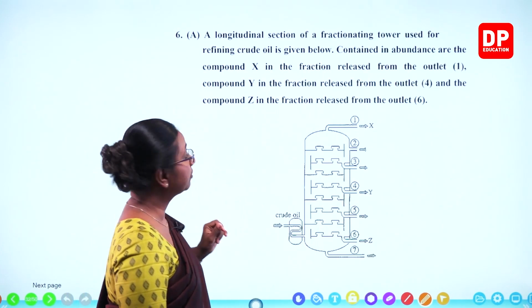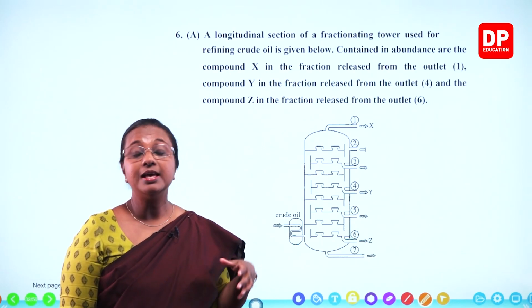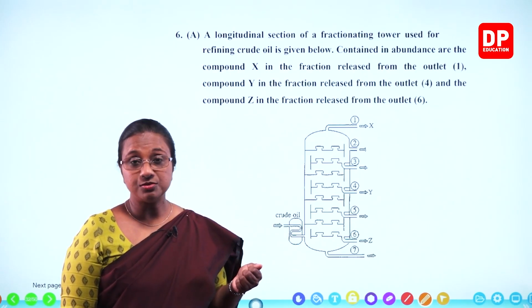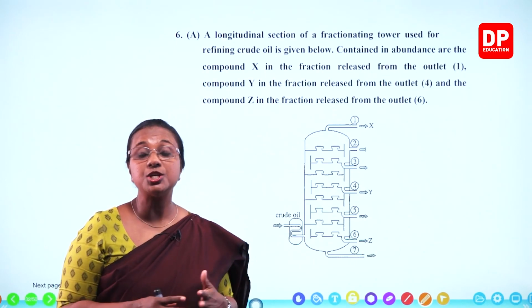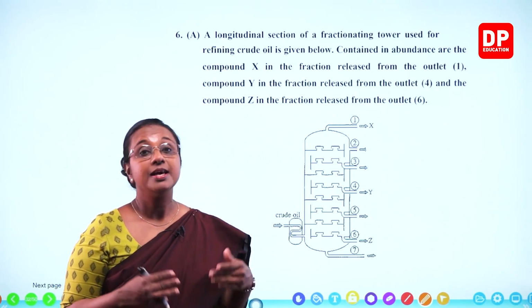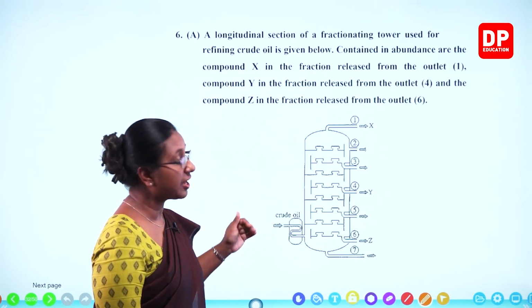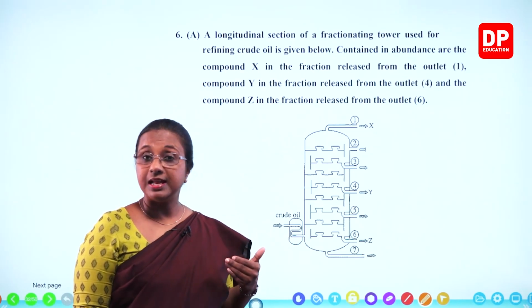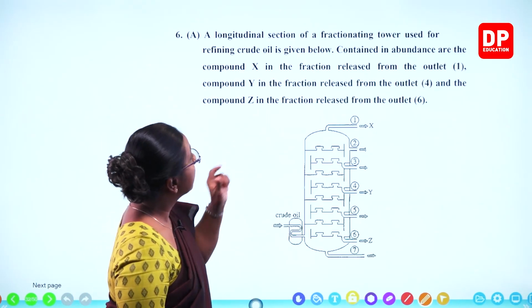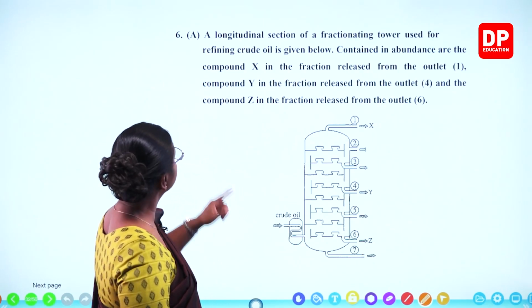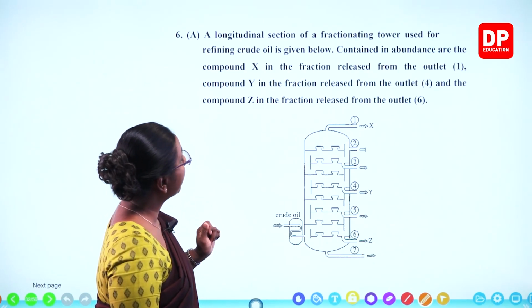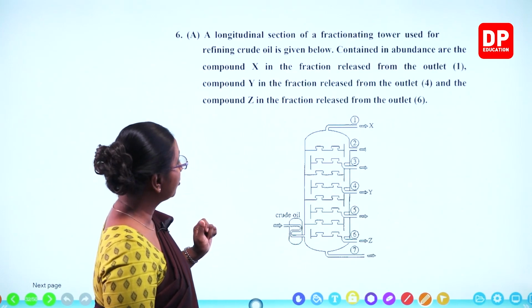So you all know what crude oil is. Petroleum crude oil is obtained as a natural resource which contains a mixture of hydrocarbons. That is why we use the method of fractional distillation to separate the different components. Contained in abundance are the compound X in the fraction released from the outlet 1.